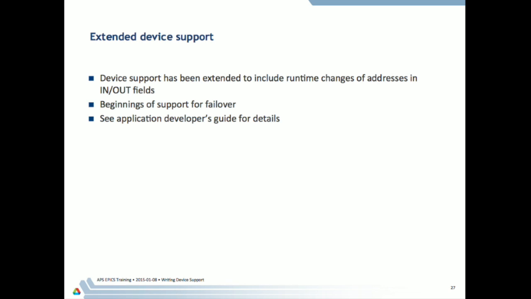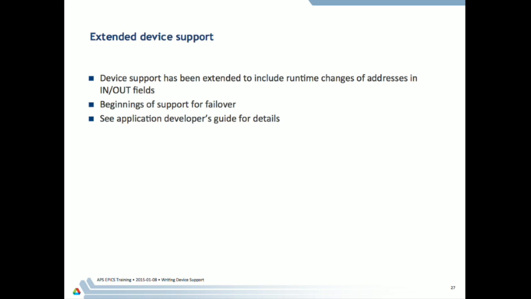We mitigated that. It took a bit of work, but we now have something called extended device support, which allows you to make changes to the DTYP field and/or the input or output address link, the hardware address, at runtime, so that you can actually change the device you're talking to at runtime.